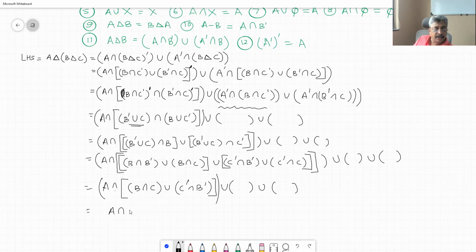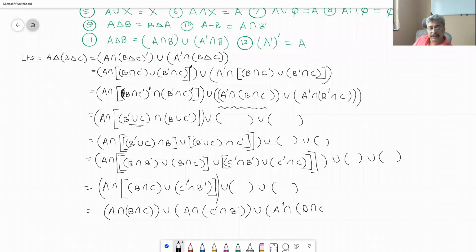So A intersection B intersection C, union A intersection C dash intersection B dash, and what we left was union A dash intersection B intersection C dash, union A dash intersection B dash intersection C. Okay, the small brackets inside can be removed now because intersection is all three of them.